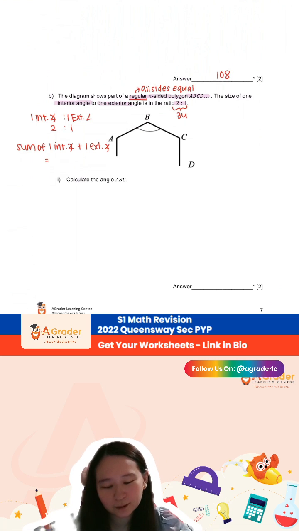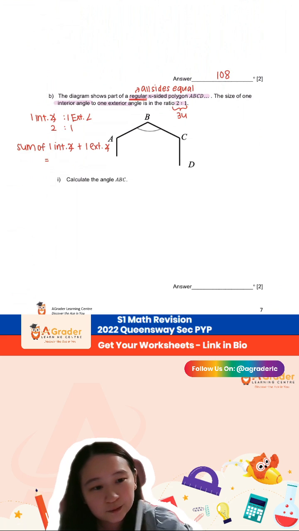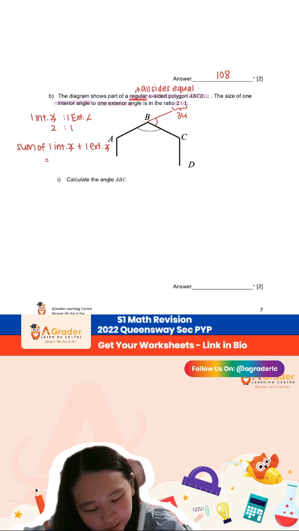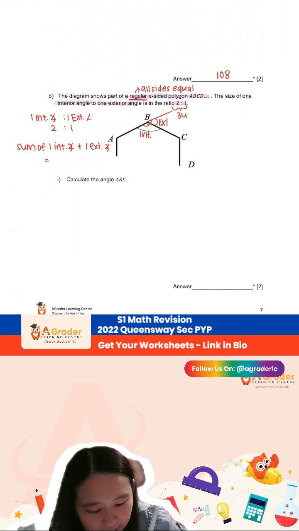Does anyone here know what's the sum of one interior angle and one exterior angle? Yes, very good. So one interior angle plus one exterior angle will always add up to 180 degrees. So let's say if this is your interior angle, this will be your exterior angle.